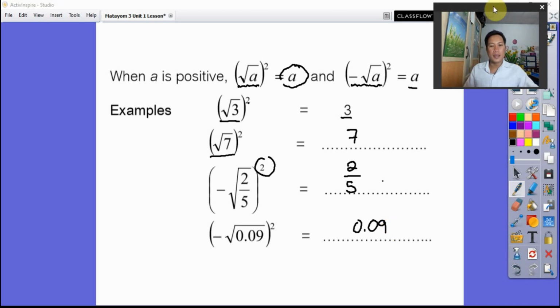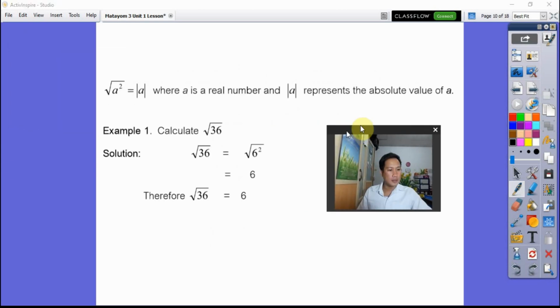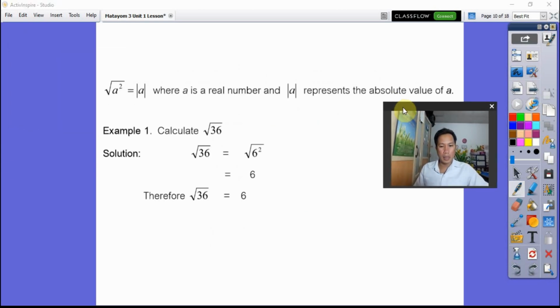Now let's have our square root. You learned already that 36 is equal to 6 times 6, the root of 6 times 6, so we look for that root 6.